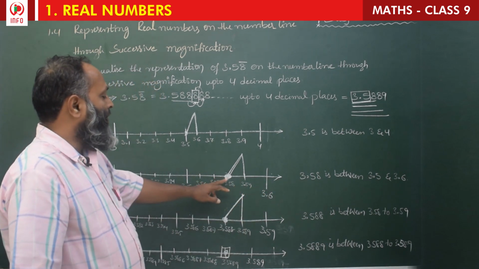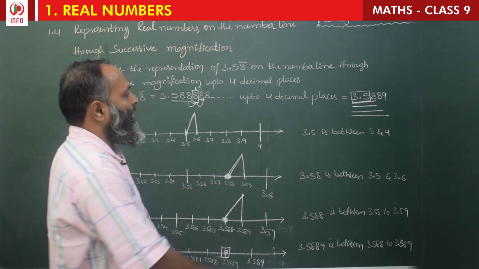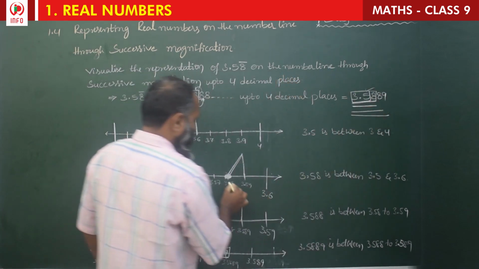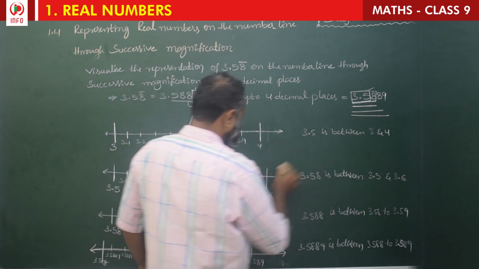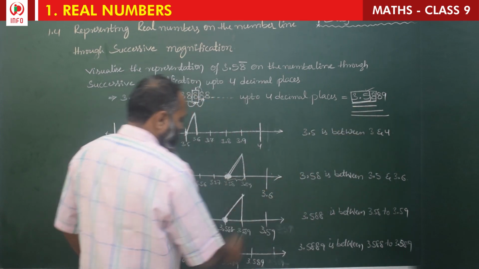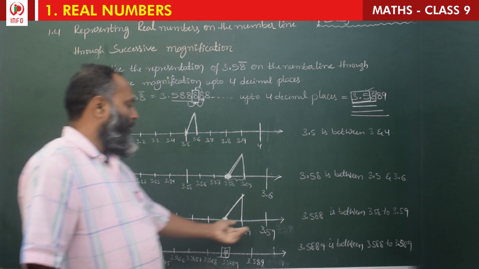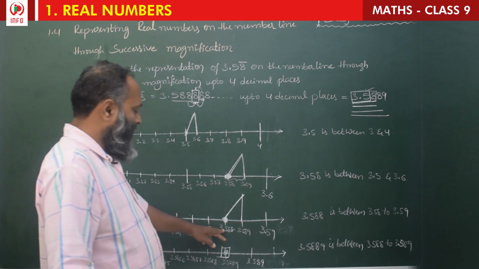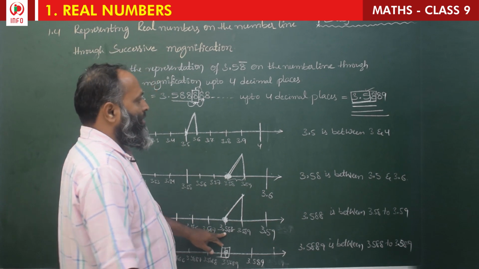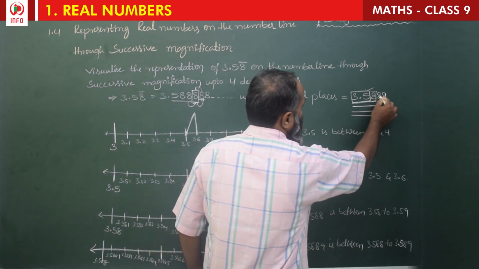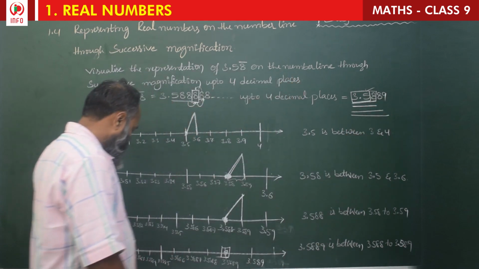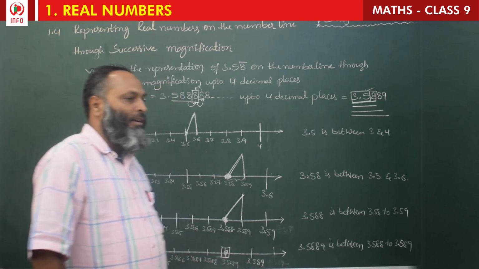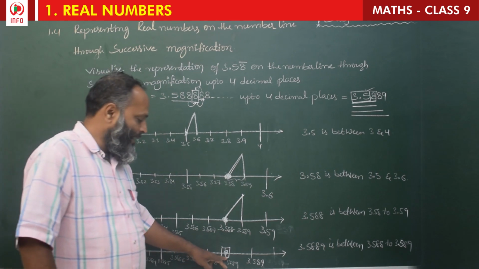Then 58 to 59, we need 3.588, which is in between these two, 3.58 and 3.59: 581, 582, 583, 584, 585, and you will get 3.588 here. Now we need 3.5884, in between 3.588 and 3.589. So where is it exactly? Here.